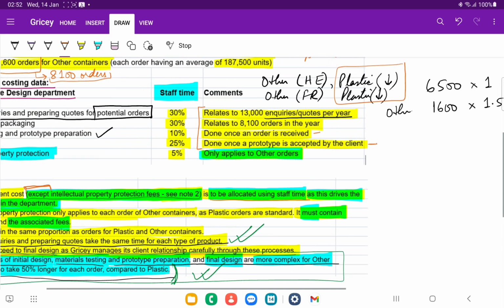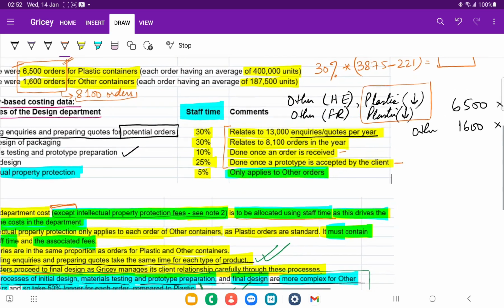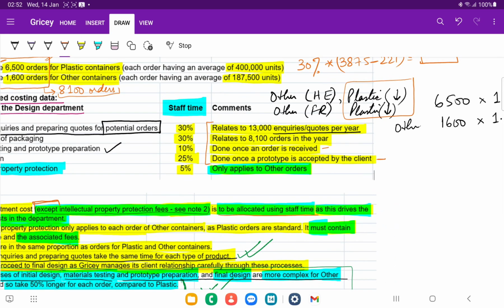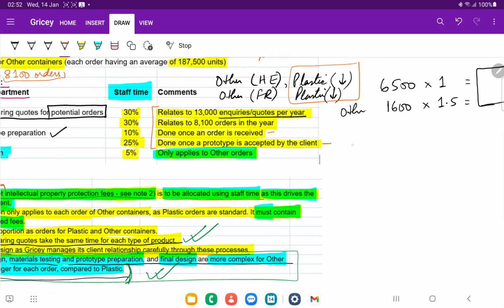Now at a strategic level, we need to identify value added customers and non value added customers. So in this case, if you are distributing this cost of 403,000 that was on Excel, if you are distributing 403 or 407,000 costs to others, then it's extremely important for the company to communicate to these customers that look, this is the extra cost which company is bearing, or the company is bearing extra overheads for other container, because these are those containers which are non-plastic and company needs to do a lot of effort for that.